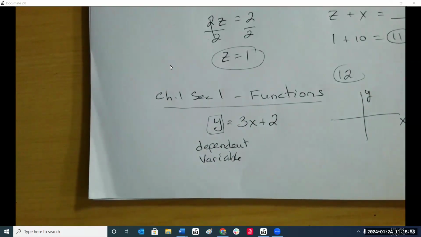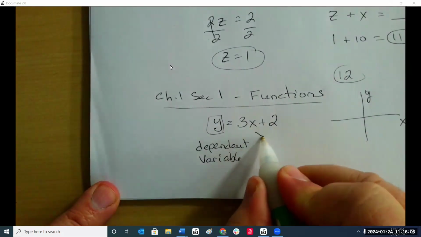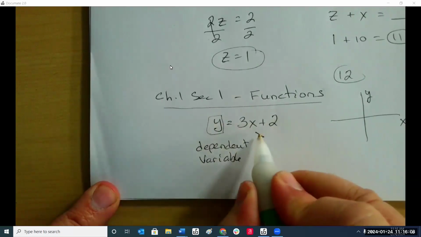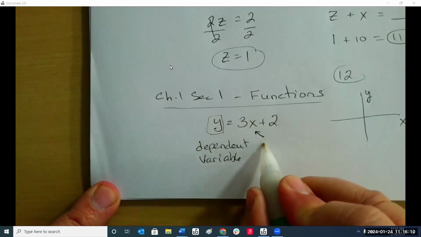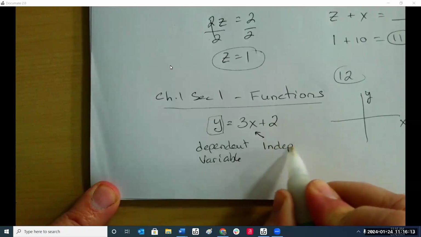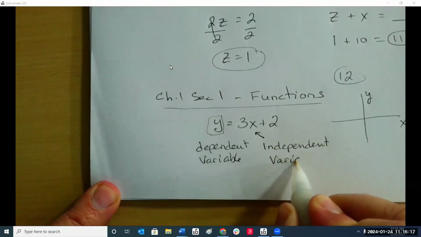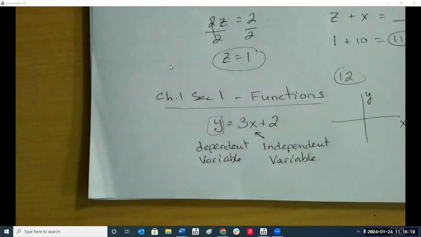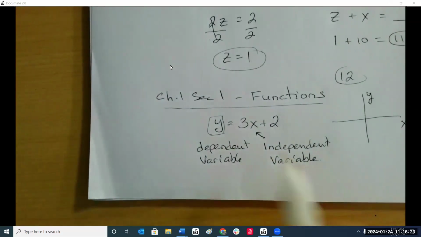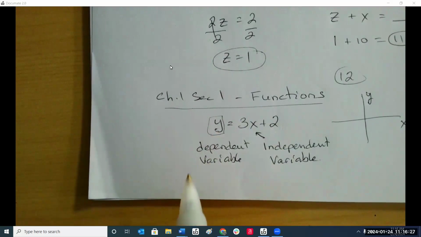Why is it called a dependent variable? Yes. You cannot tell me what y is until you tell me what x is. x is independent. x can be anything as long as it doesn't violate the rules of math. Once you define an x, plug it in there, then you get a value for y.